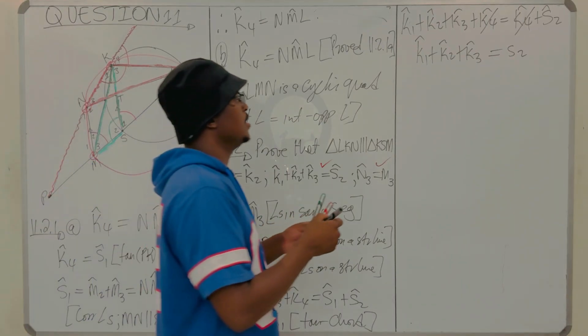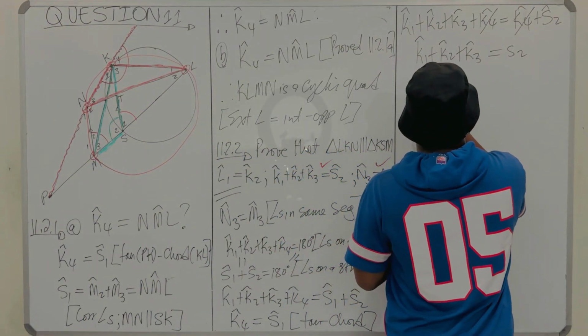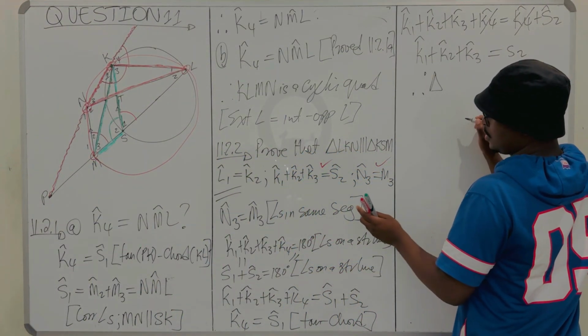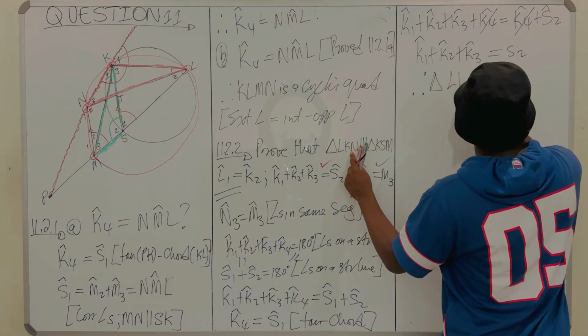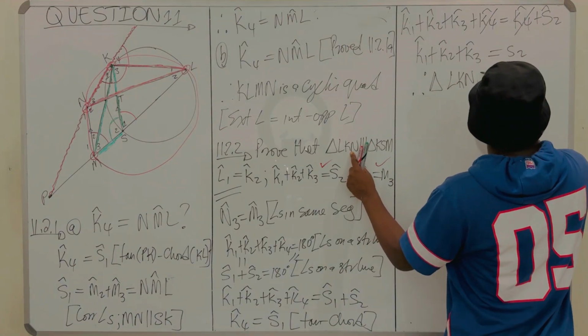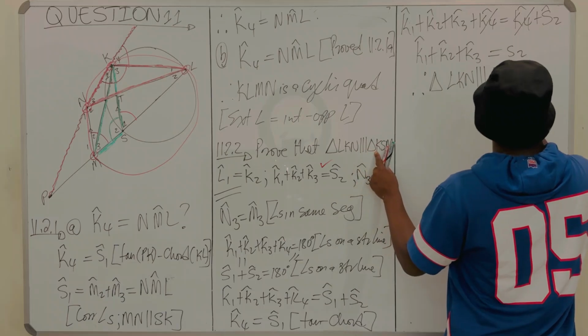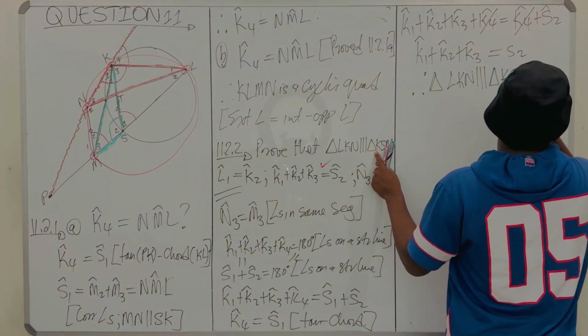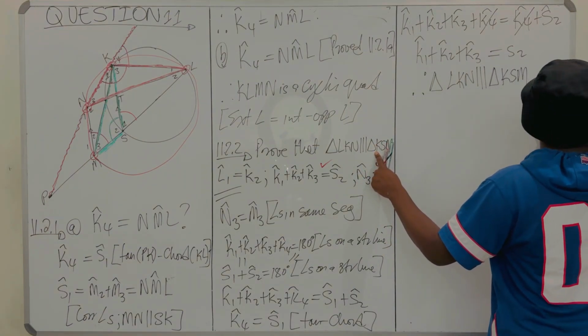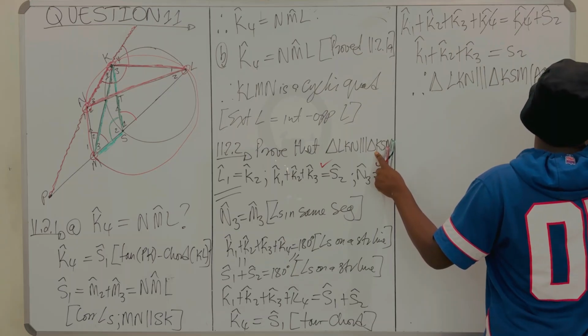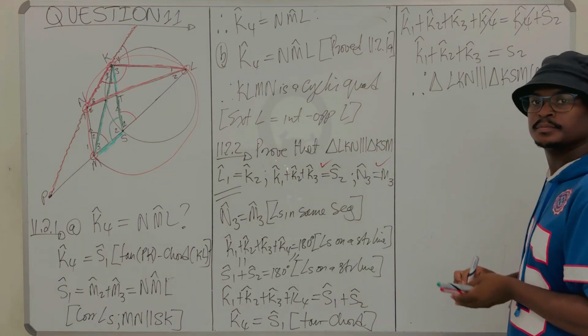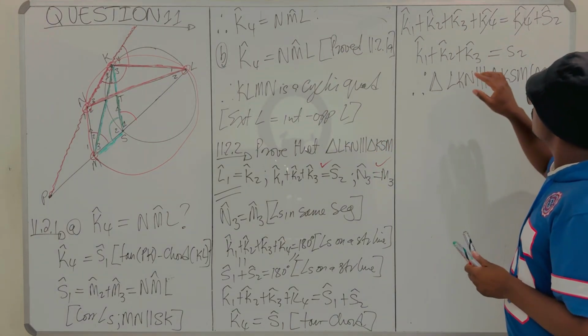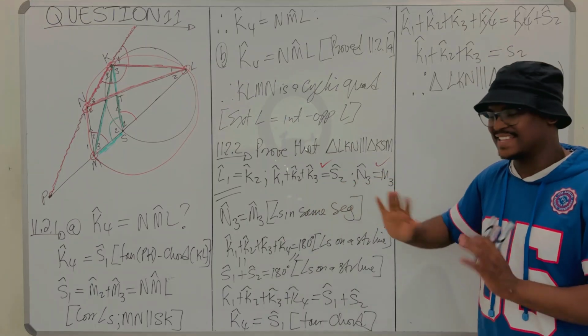We can say, therefore, triangle LKN is similar to triangle KSM. By what? By angles. The corresponding angles are equal. So showing just two is enough.